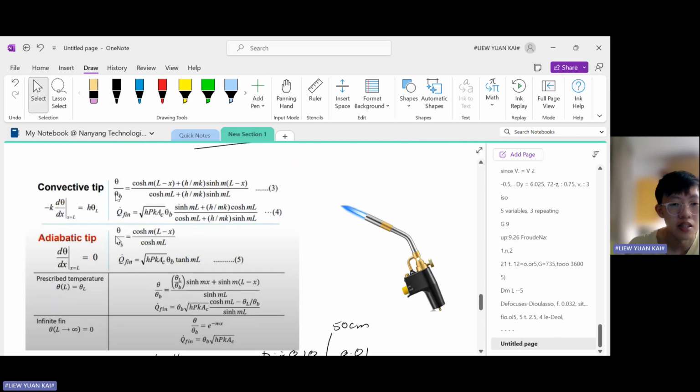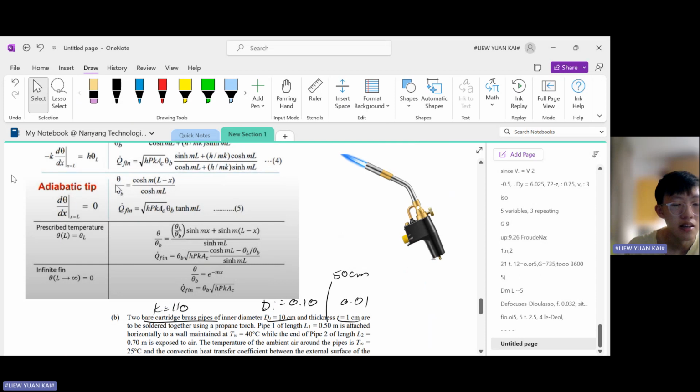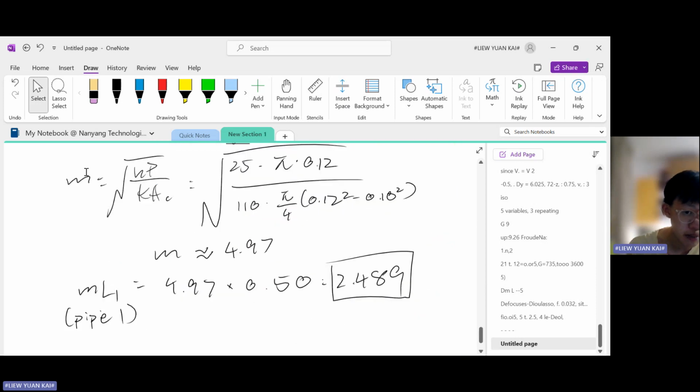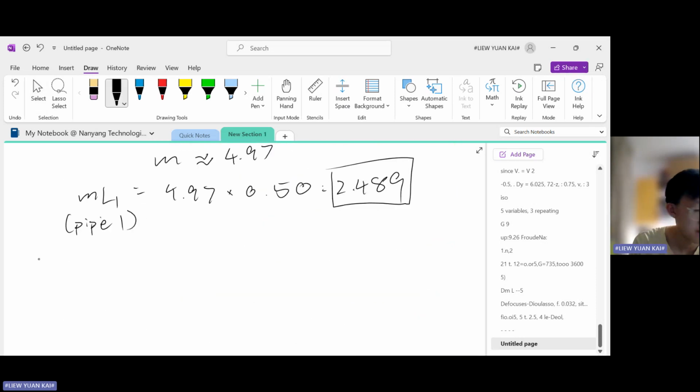Now, the next approximation that I told you to use is the adiabatic tip formula, right? This is more elegant than the prescribed temperature formula. So let's go ahead and try the adiabatic tip formula. Now, what is the condition to satisfy in order for us to approximate the pipes as an adiabatic tip one?